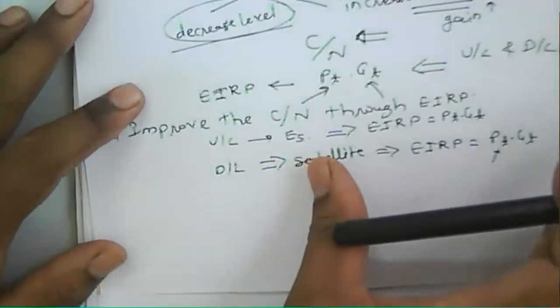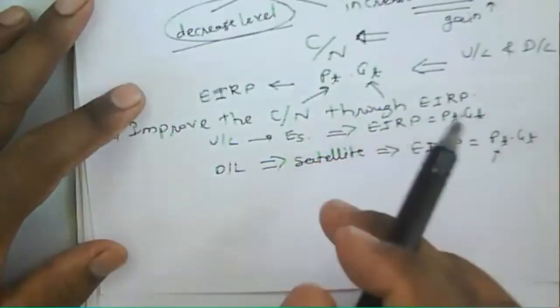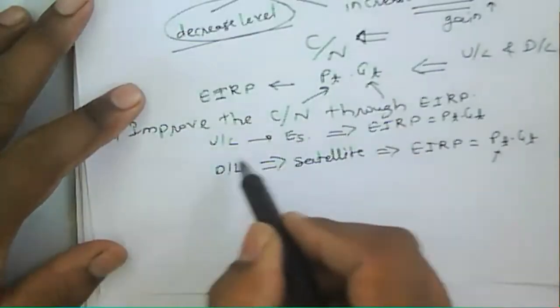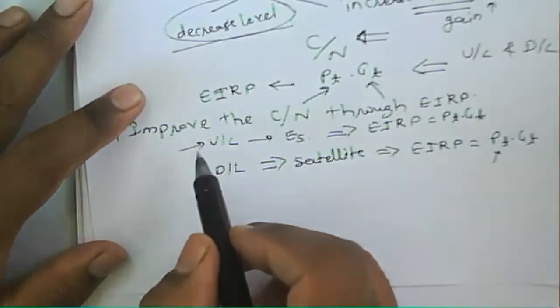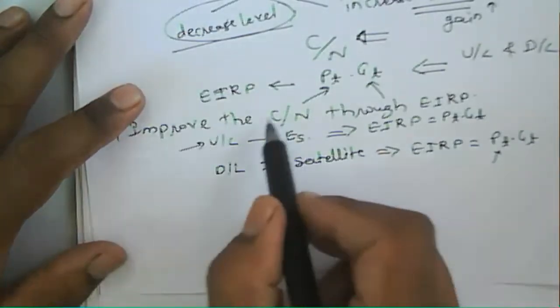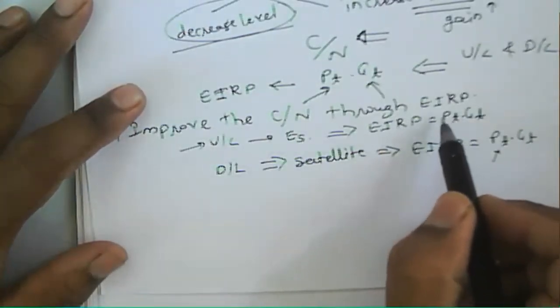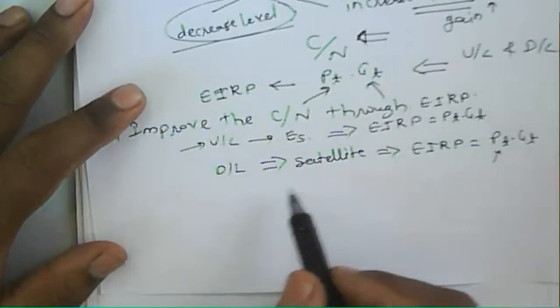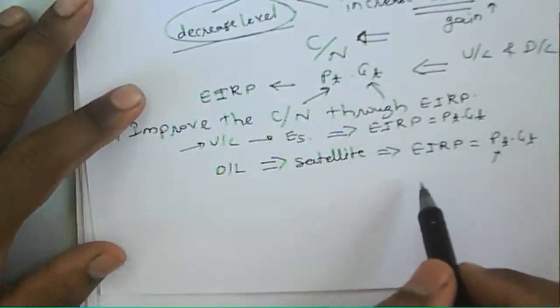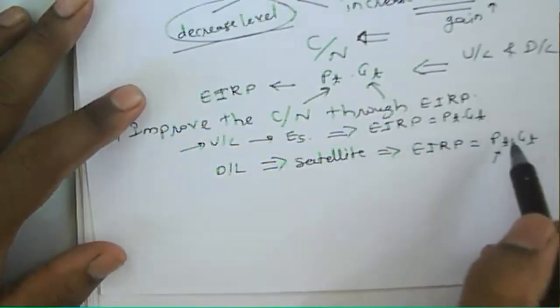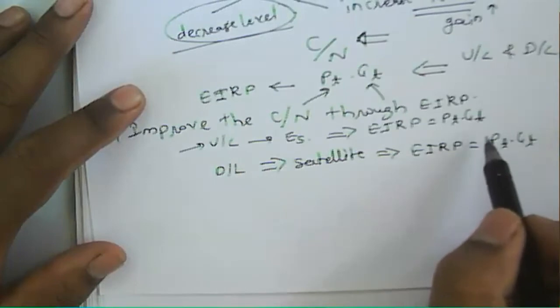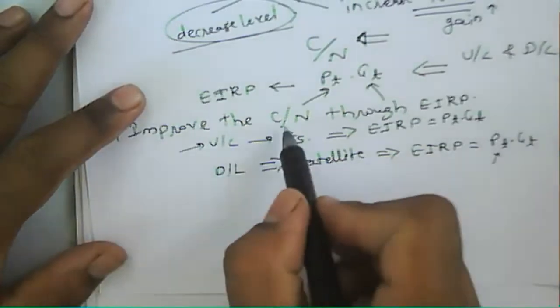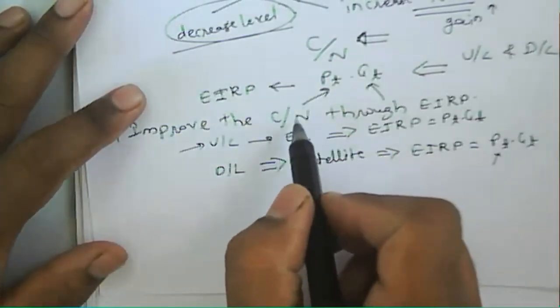So for the uplink we can increase the transmit power from the ground station, or the transmit power from the satellite, or increase the gain of the antenna there. Why can we increase it? Because it will improve the carrier to noise ratio.